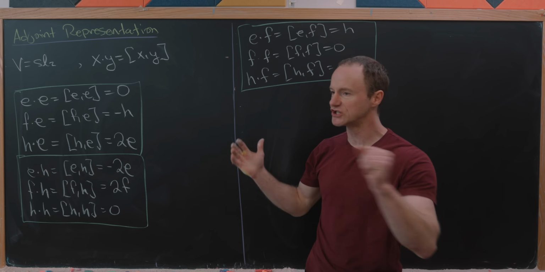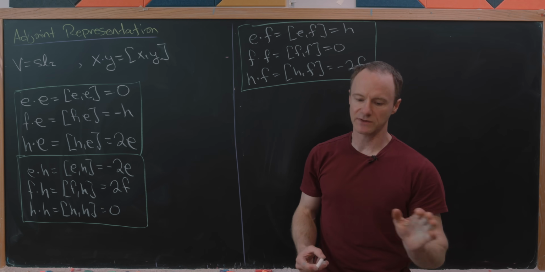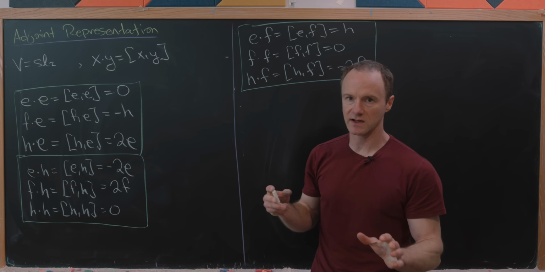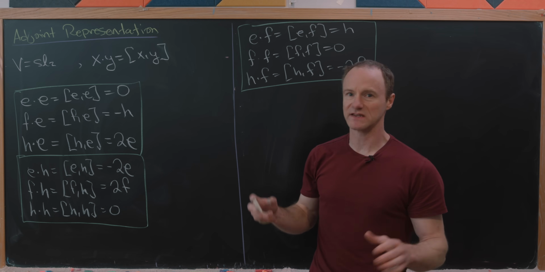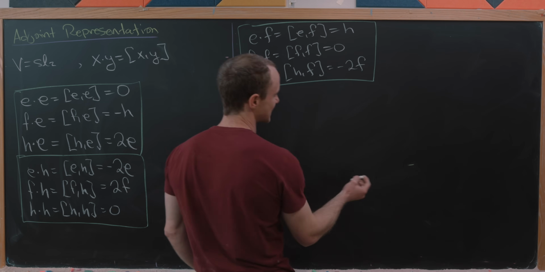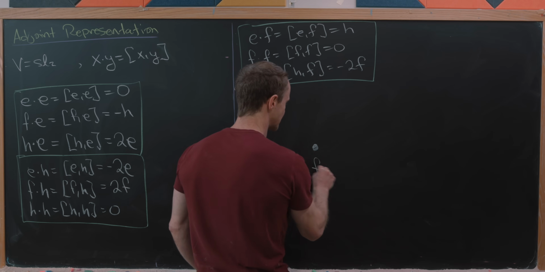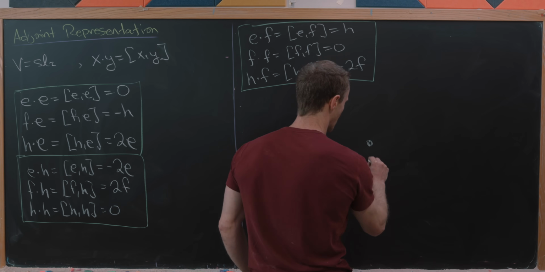So now we know how every element of the Lie algebra acts on every basis vector of the representation. It just turns out that the basis vectors of the representation are simply the elements of the Lie algebra. That's why this all looks like we've just done the same thing over and over. Now let's draw a picture just like we had before. So I'm going to lay the basis vectors out in a certain order.